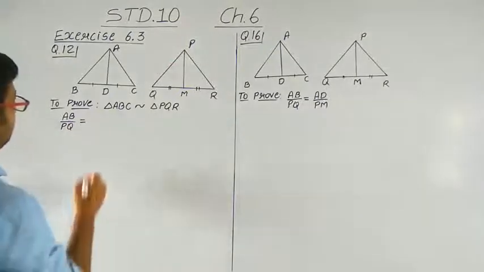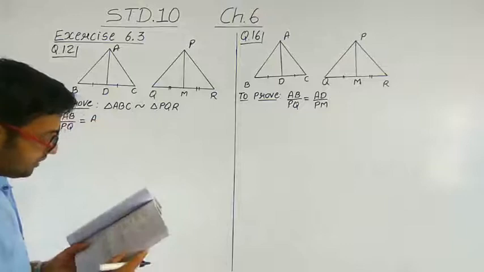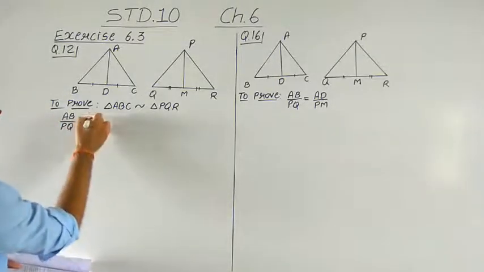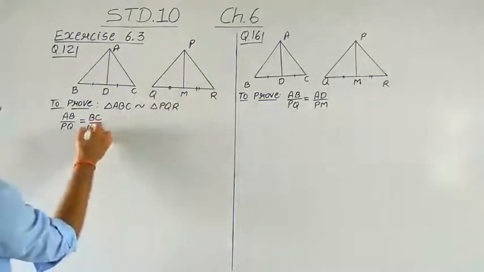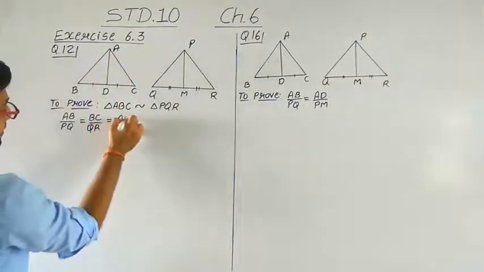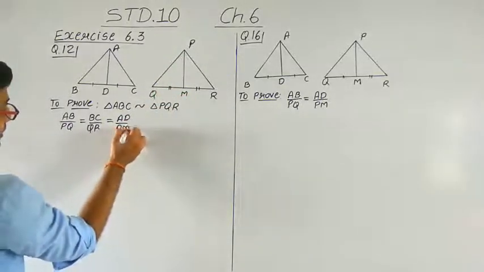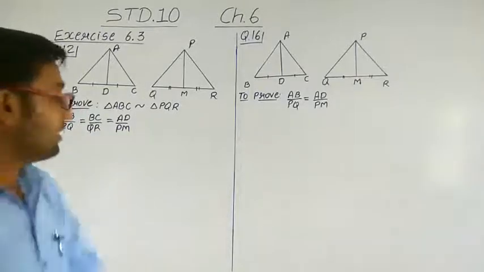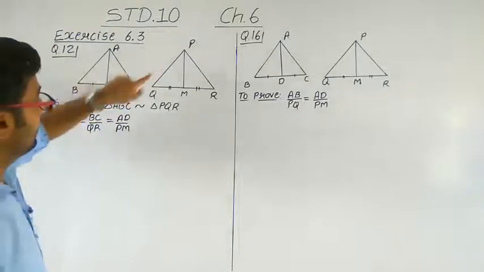The second side BC is proportional with the second side of this triangle, QR, and median AD is proportional with the median of this triangle, that is PM. From this given condition we have to prove that the triangle ABC is similar to triangle PQR.